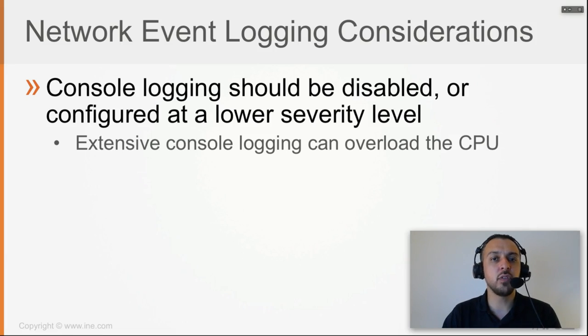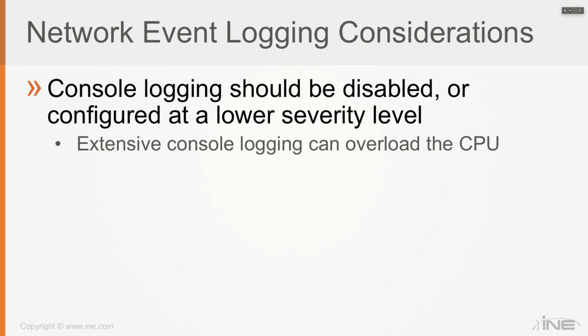So you can imagine if you leave the console at debugging level and somebody enables debugging on a device, if the output is too much, it's going to instantly overload the CPU of the device. It's going to go high CPU, it may even crash, or even without crashing, it's going to stay high CPU, which means it's not going to have time to properly process other control plane packets like IGP, BGP, ARP, which means you're going to have intermittent network connectivity through that device, which is not something that you want.